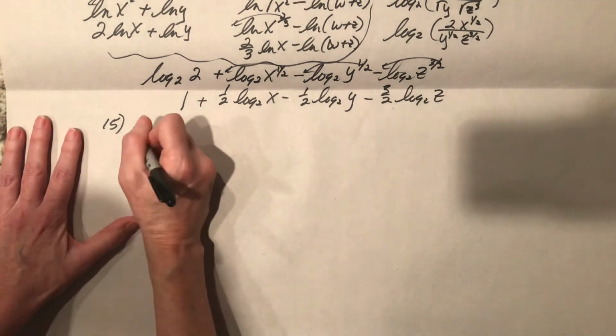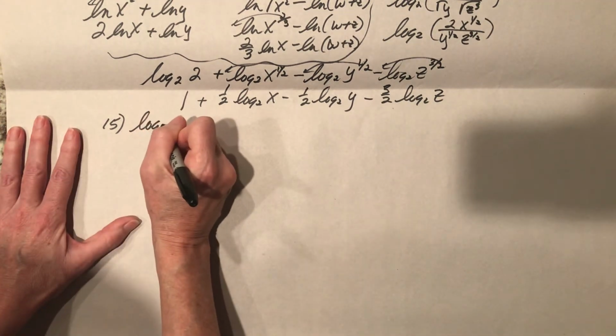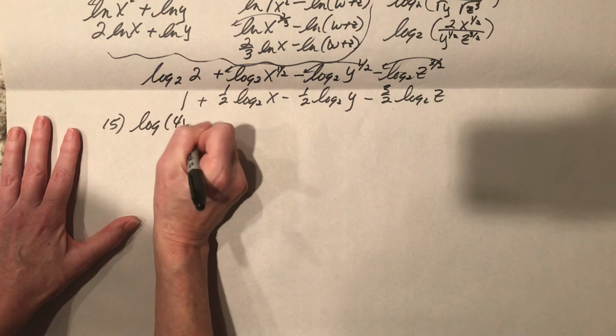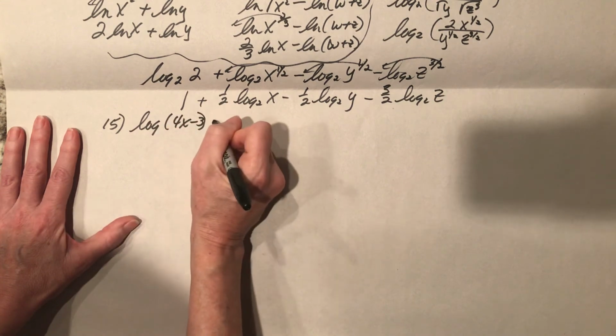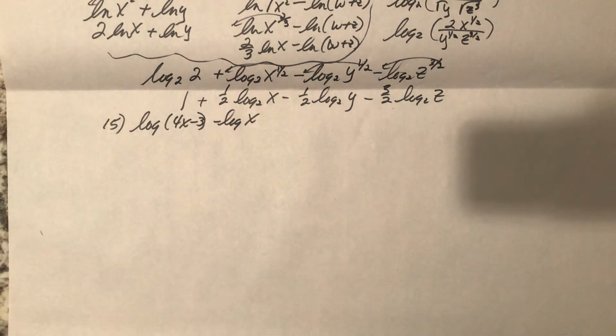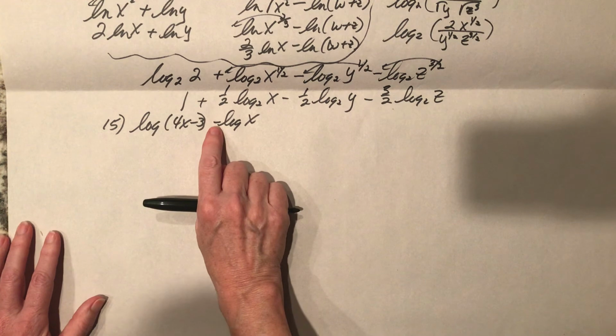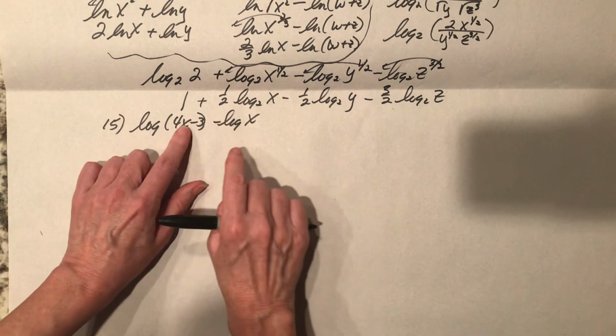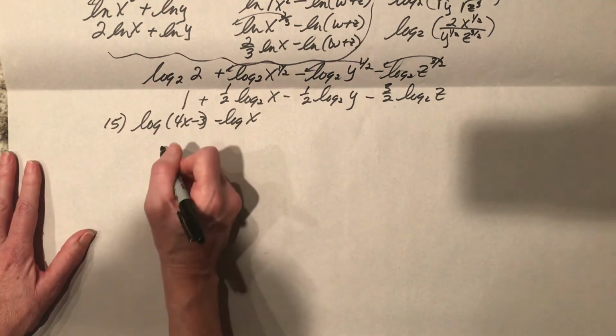So the original problem here is common log of 4x minus 3 minus common log of x. So what we're going to do there is we're going to notice that we've got a subtraction sign. You know that means that we want to combine these logs, and this will be the numerator, that will be the denominator.